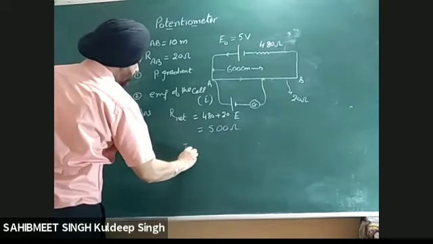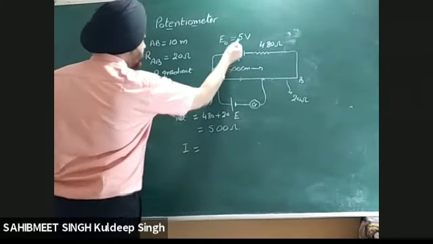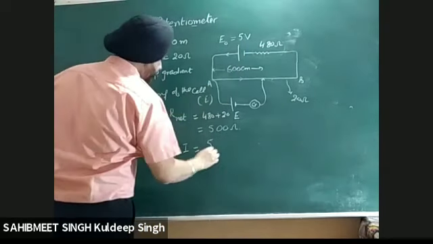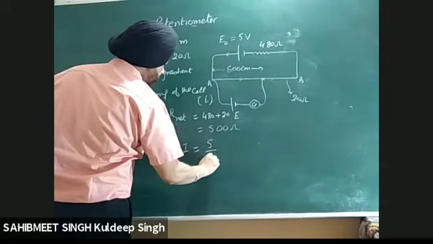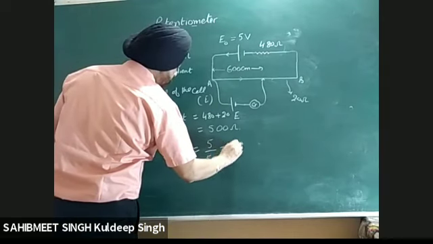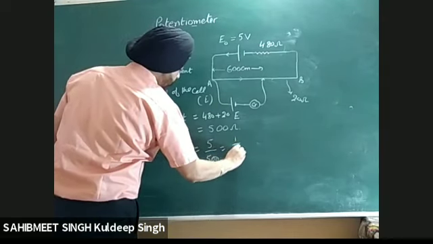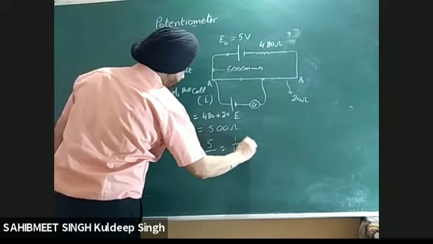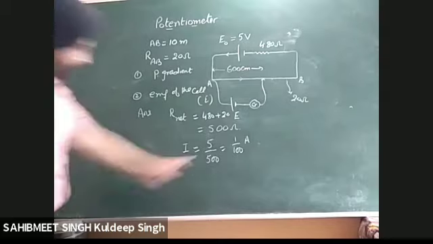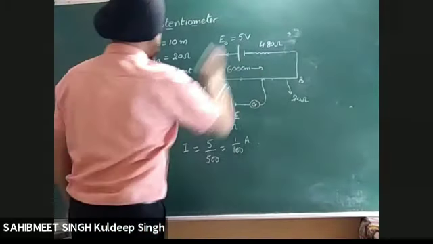Therefore, current in the wire will be equal to 5 volt, this one, divided by the resistance, V by R. So this is equal to 1 by 100 ampere. So 0.01 you can write, otherwise it is correct. So 1 by 100 ampere is the current. Now due to this current, some drop will be there.